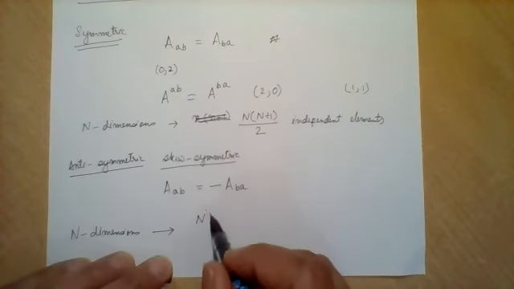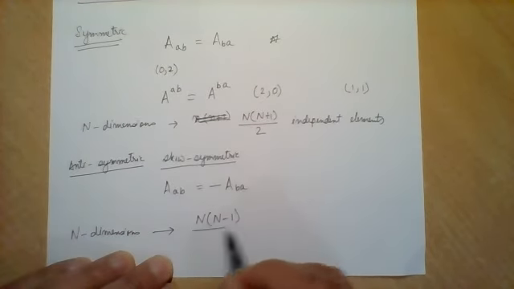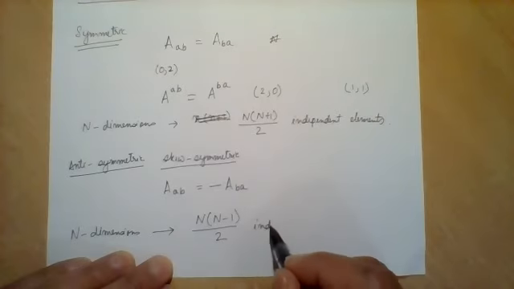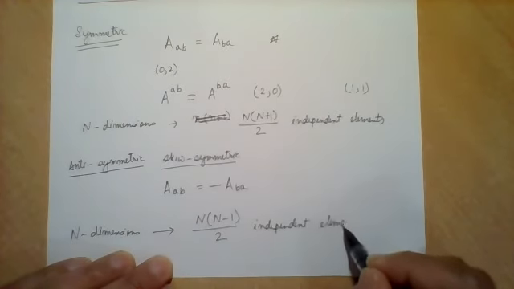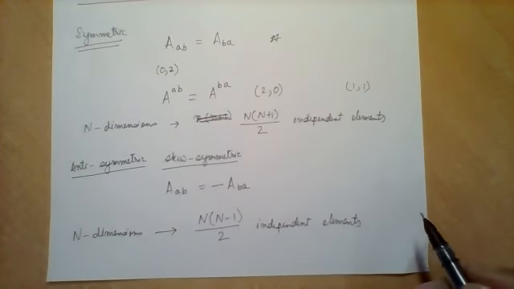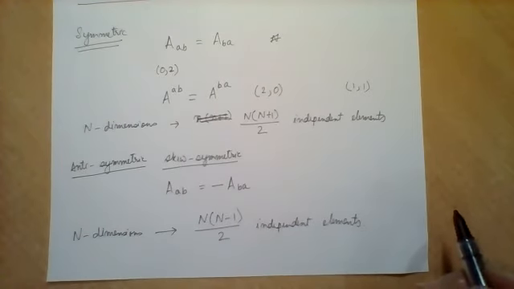There are n into n minus 1 by 2 independent elements.